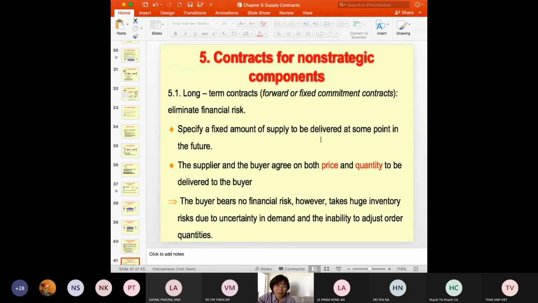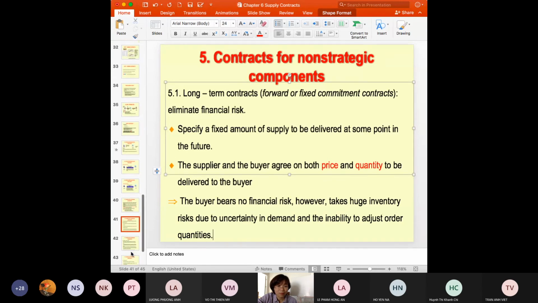When we have the fixed price and quantities, it means we cannot change them, right? And if we cannot change, we also get risk because of uncertain demand. We cannot change the price and also cannot change the quantities. That is the risk. They have advantages and disadvantages.